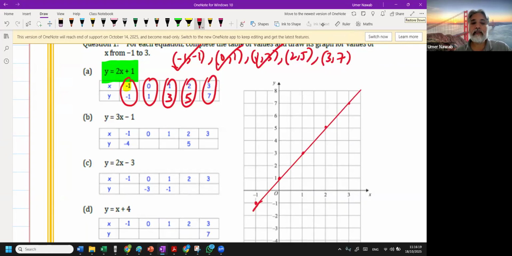Now, the important thing is this. Sometimes the examiner gives you limits, like from -1 to 1, so don't extend it. 1 to 3, so just draw it till here. No need to extend it, because the examiner said you need to draw it from -1 to 3.